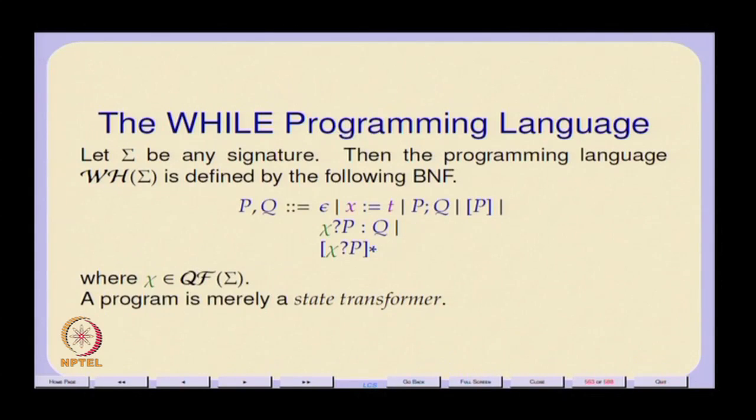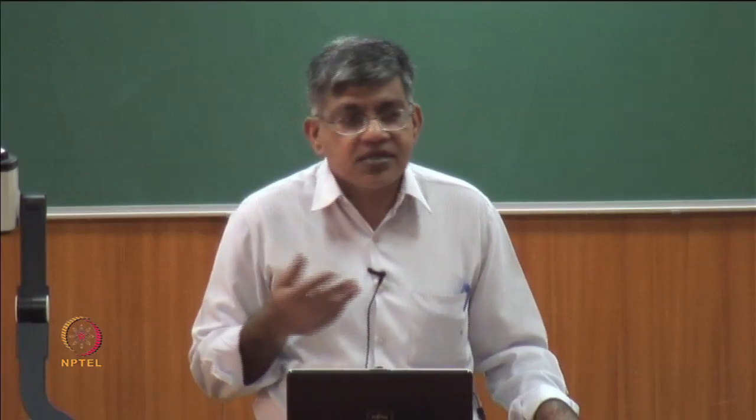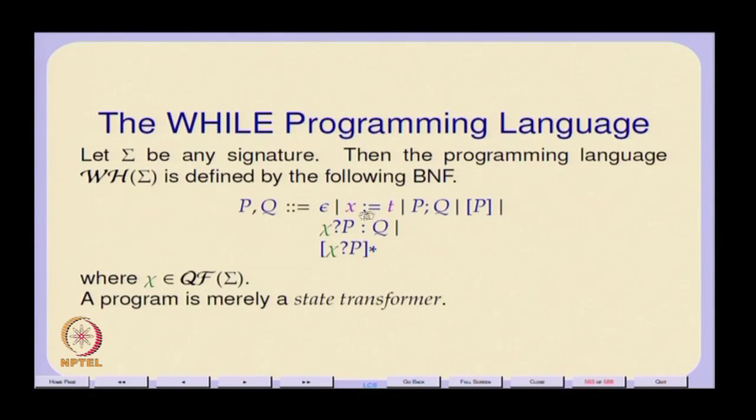So, we are just considering a simple version of non-recursive imperative programs, and just because case analysis is very common, I have also put in a conditional. Okay. So, this epsilon is the equivalent of having a no op in hardware, okay. And it is there mainly for two reasons which I will come to.